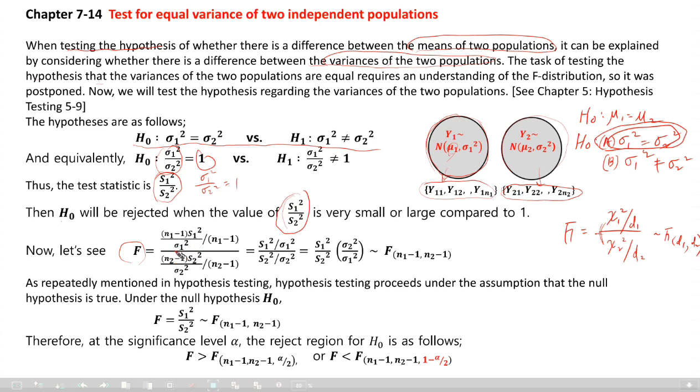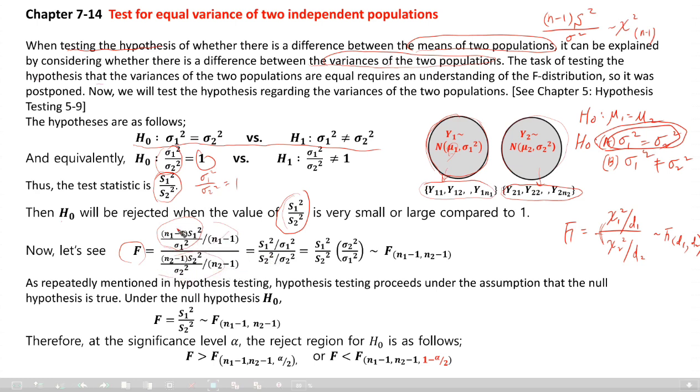So now, let's see. We studied that (n1 minus 1) S square divided by sigma square follows a chi-square distribution with degrees of freedom n minus 1. So degrees of freedom n1 minus 1; in this case, same shape, degrees of freedom n2 minus 1. Take the ratio of these two chi-square random variables.